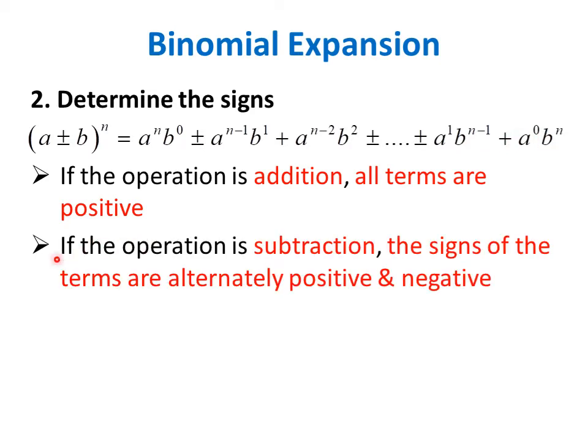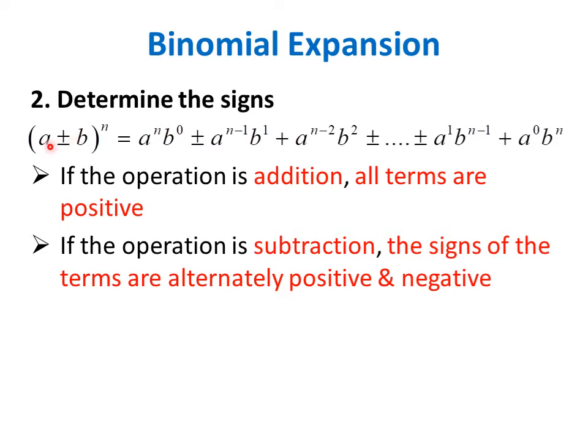The second case is if the operation is subtraction. In this case, the signs of the terms are alternately positive and negative. Again, the signs of the terms in the expansion are alternately positive and negative. So we have to remember that the first term in the expansion is always positive.